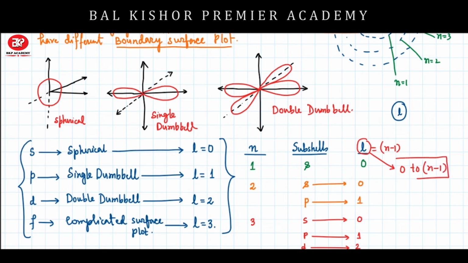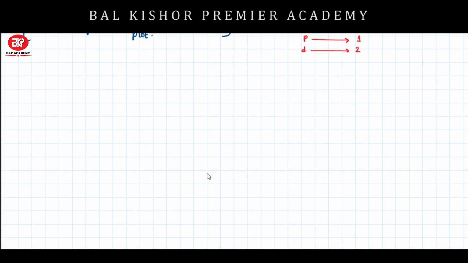So this is the range of the azimuthal quantum number with the principal quantum number. So if we have the principal quantum number as n, then the azimuthal quantum number, that is l, will vary from 0 to n minus 1. This is an important conclusion.